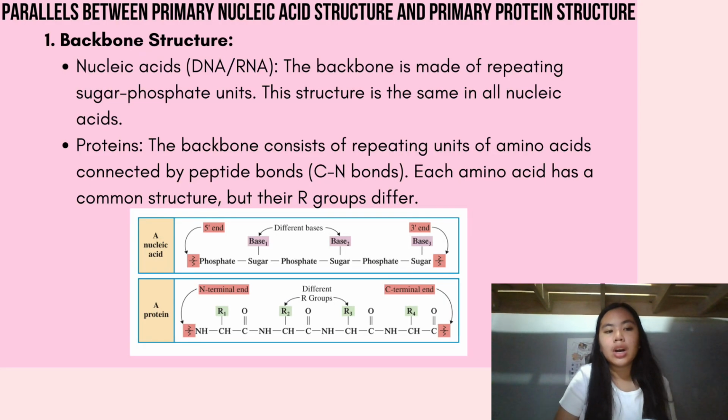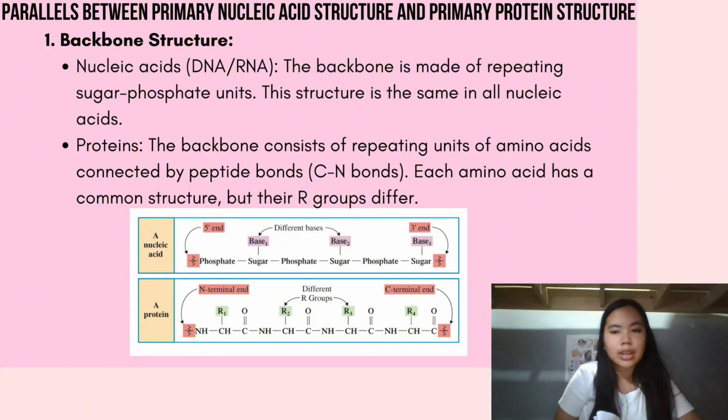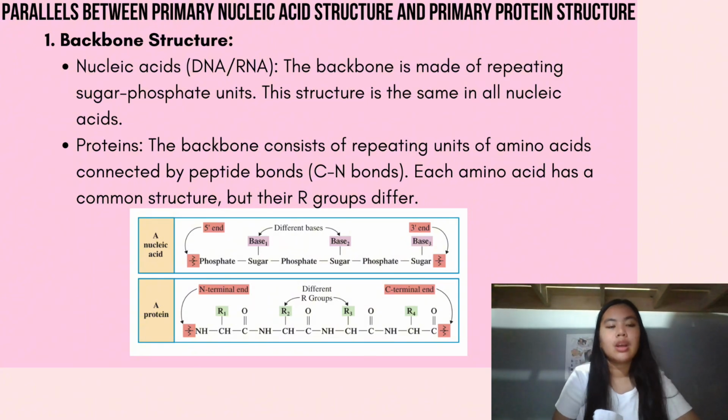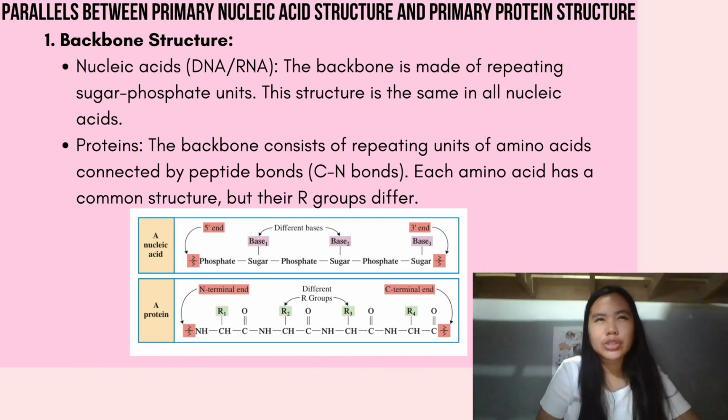Okay, let's move on to the parallels between primary nucleic acid structure and primary protein structure. So first is the backbone structure. In nucleic acids, which are the DNA and RNA, the backbone is made of repeating sugar phosphate units. This structure is the same in all nucleic acids.